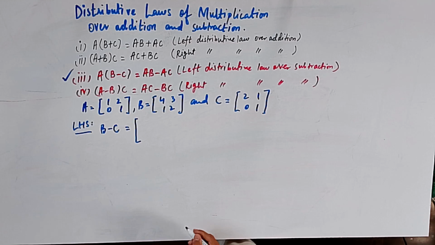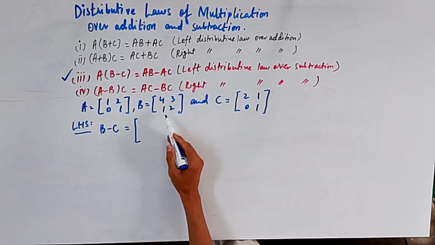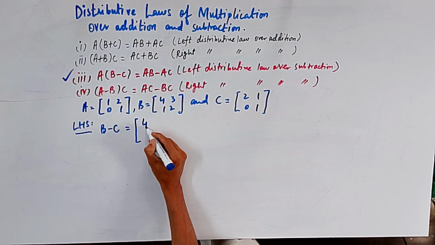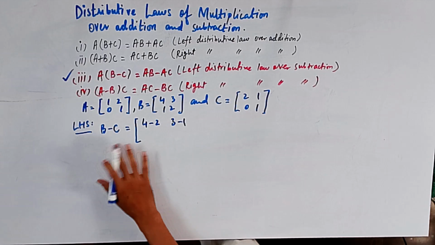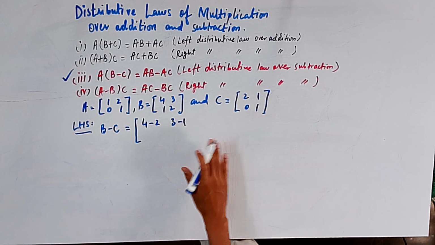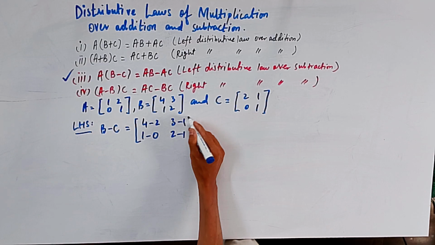So B minus C means in addition and subtraction of 2 matrices, you need to solve the corresponding elements. Means first element with first, second with second, second row first element with this, and so on. So 4 minus 2, 3 minus 1, and in subtraction you need to be careful with the order. B minus C means B first, minus then C. 1 minus 0, 2 minus 1.